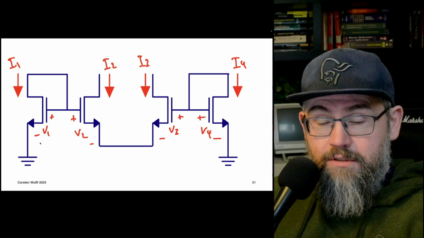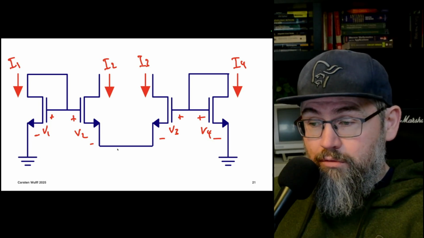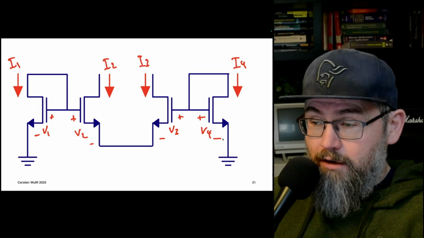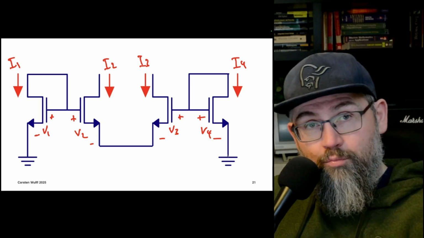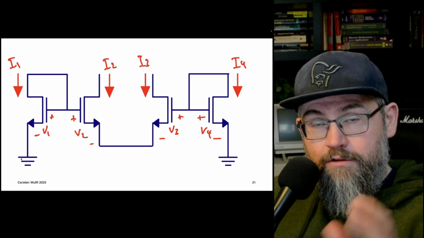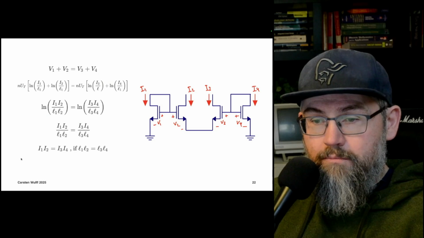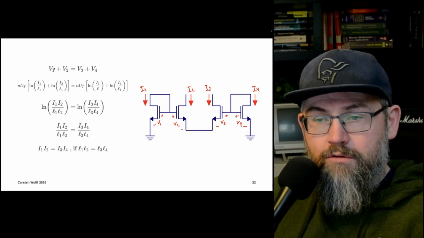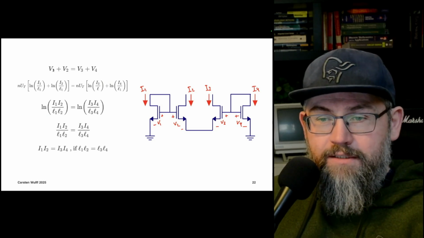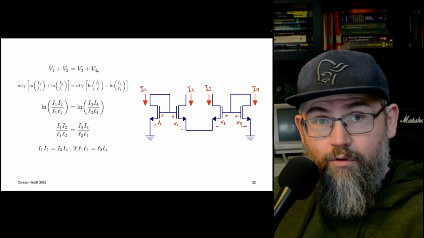We can use that to see, okay, if we go up V1, down V2, up V3, down V4, we have a loop and it's back to zero. And the sum of all those voltages must be zero. And we can write it like this. So it's the same as saying V1 plus V2 is equal to V3 plus V4.